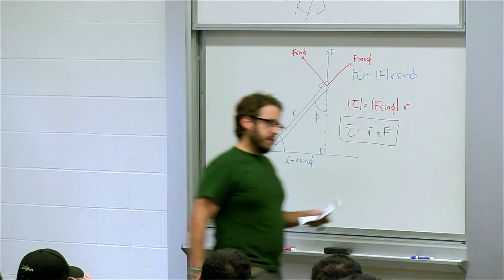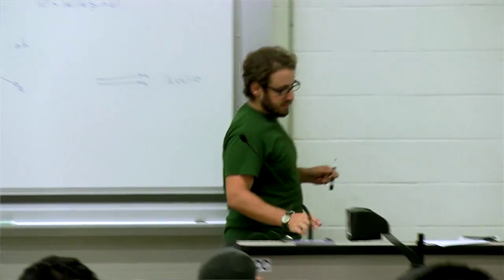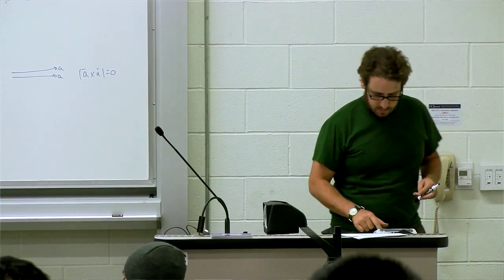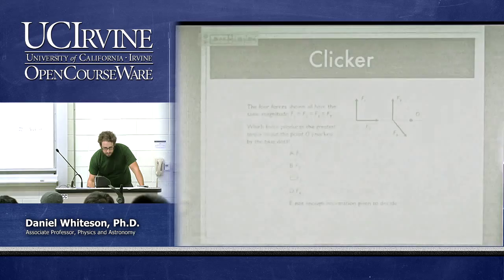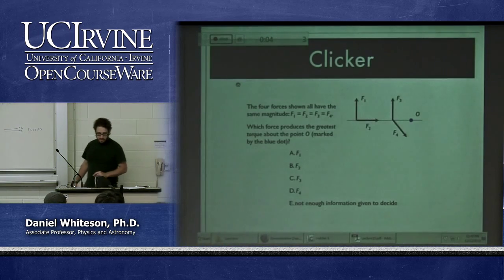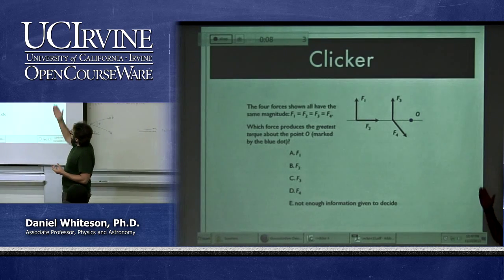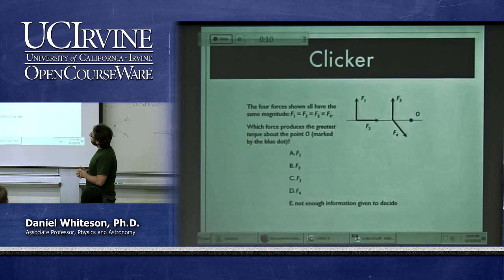Okay, so let's use our clickers to get a little bit of practice with that. These four forces all have the same magnitude, F1, F2, F3, F4. There's the origin, the point of rotation.